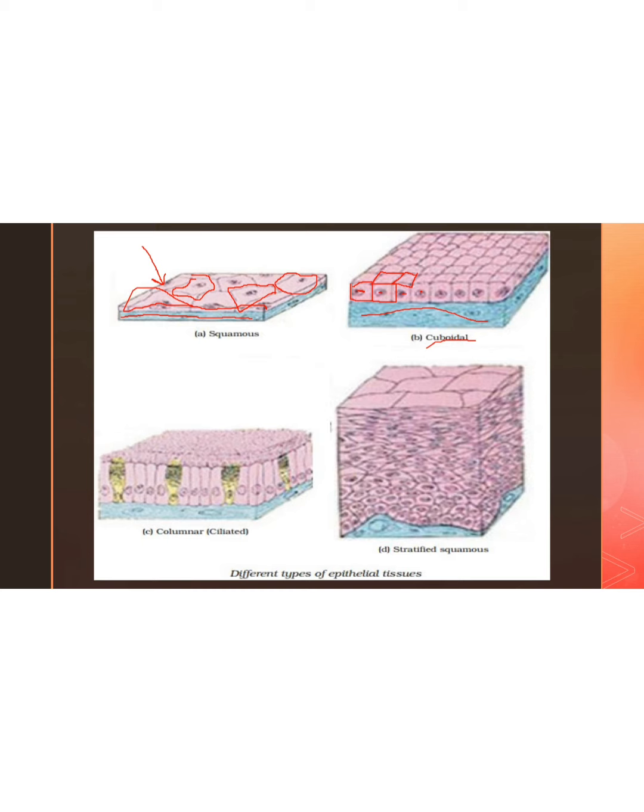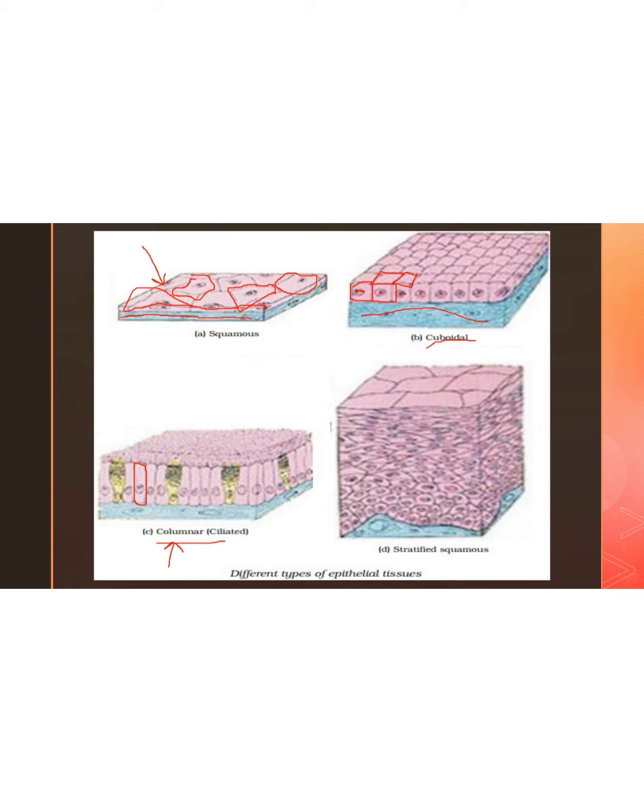Next, if you talk about your columnar epithelium, as the name suggests, columnar, this suggests that the epithelium is made of a structure which looks like a pillar. Here you can observe a single structure of the columnar epithelium. You will see it looks like a pillar.